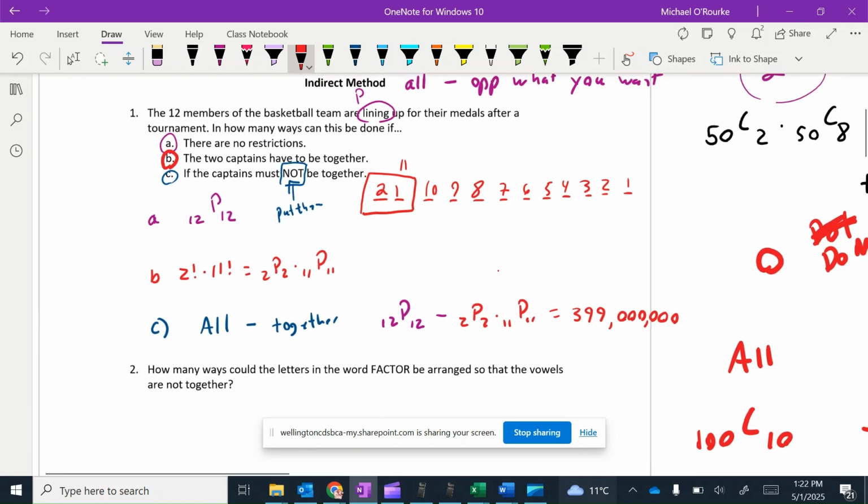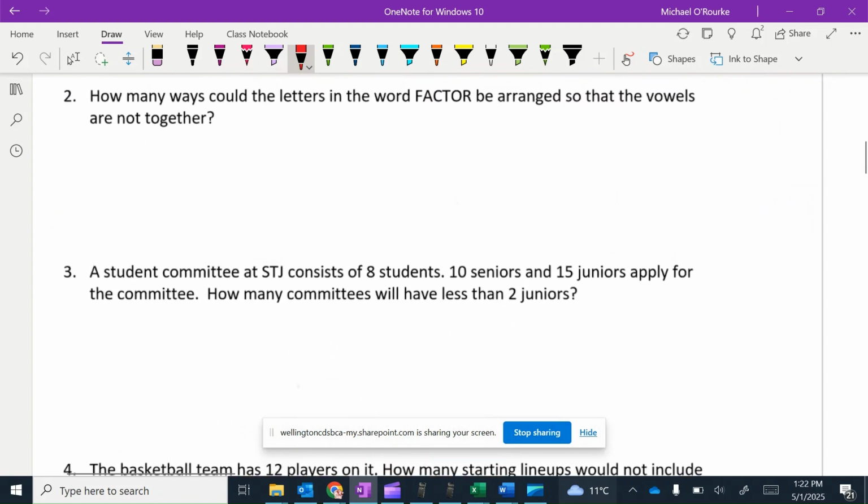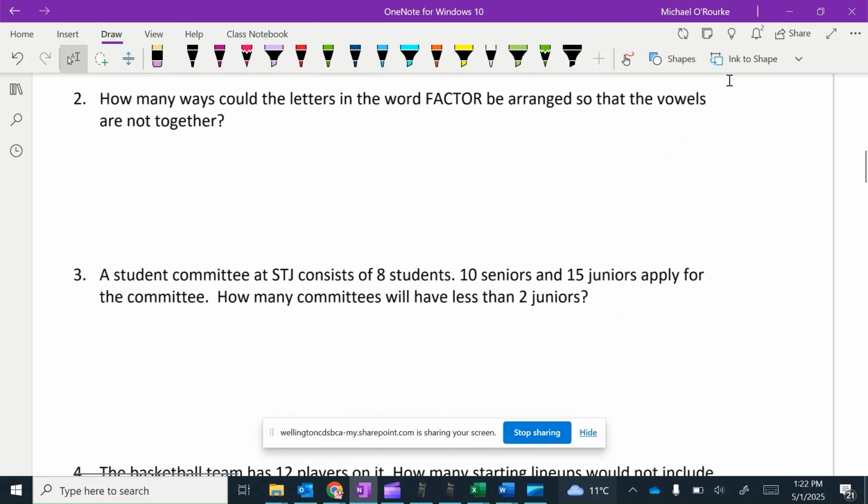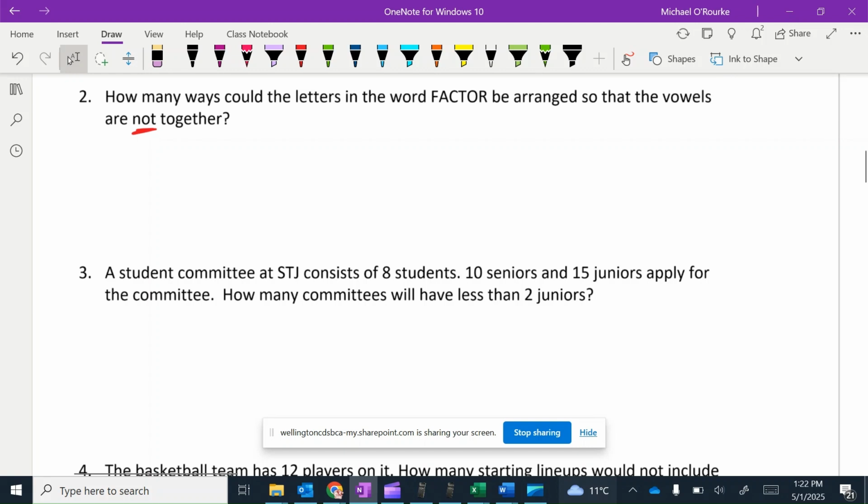Okay? So let's keep working here. How many ways could the letters of factor be arranged so the vowels are not together? So my formula here is going to be all minus, what's the opposite of not? We're going to put the vowels together. Because once I take out all the things where the vowels are together, all the options we're left with are vowels not together. So I have 1, 2, 3, 4, 5, 6.